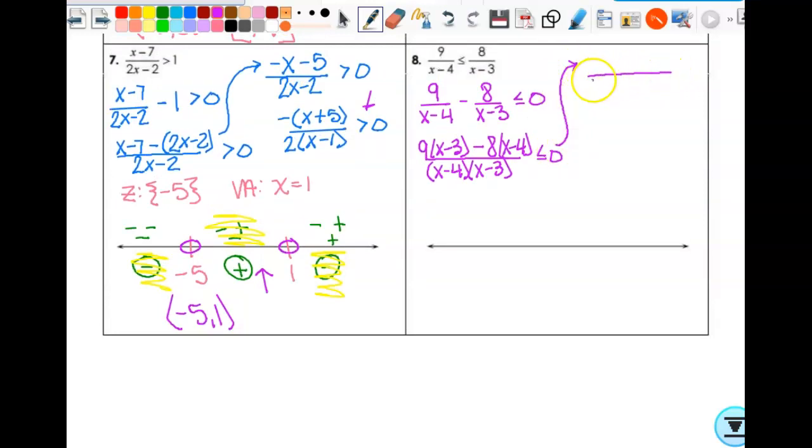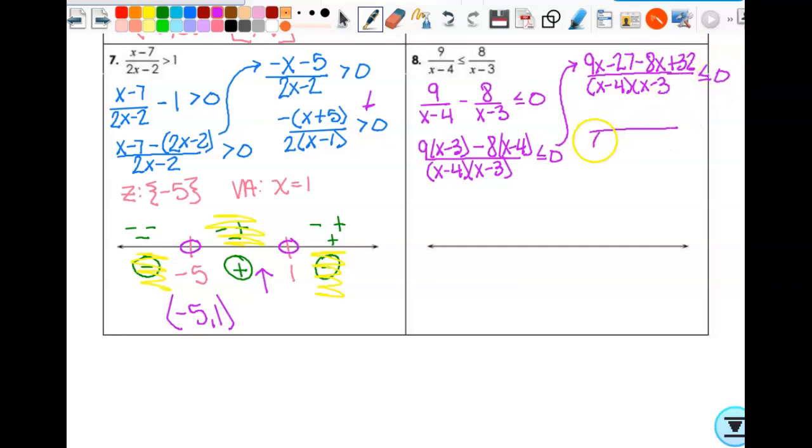My denominator is still x minus 4 times x minus 3. So 9 distributed in here is going to give me 9x minus 27. And then negative 8 distributed will give me negative 8x plus 32, which is less than or equal to 0.